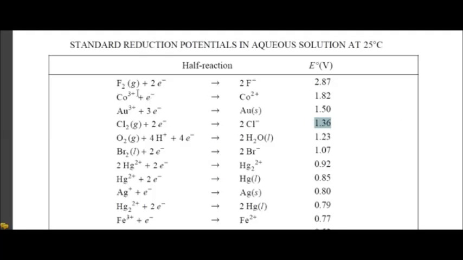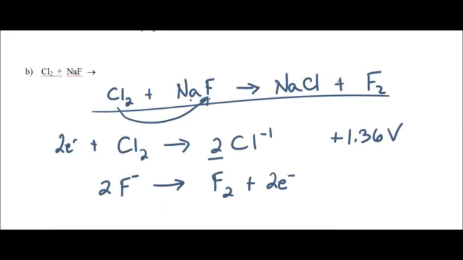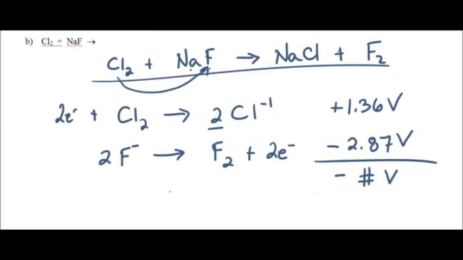So at the very top here, we have fluorine gas that's reduced to make fluorine ions, and it has a positive 2.87 voltage as it's reduced. However, in our reaction, it is oxidized, so that means it has a negative 2.87 voltage, which means that this reaction has a negative voltage. So this one will not take place. No reaction.